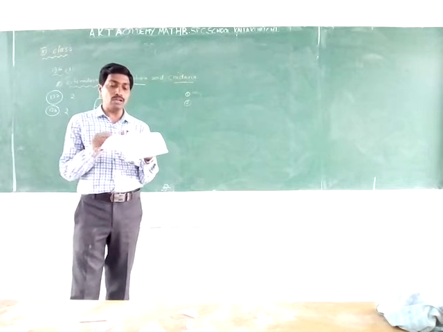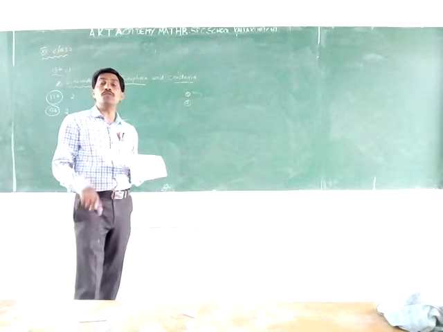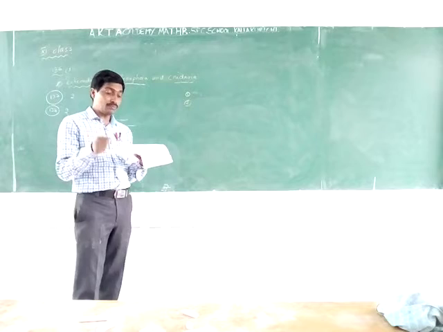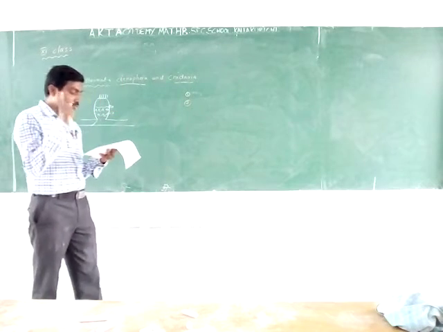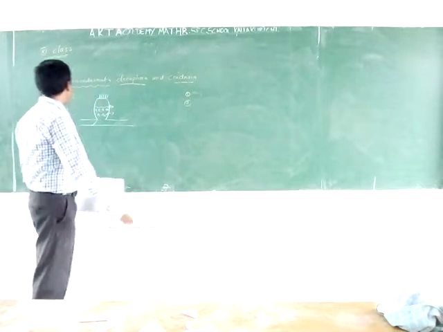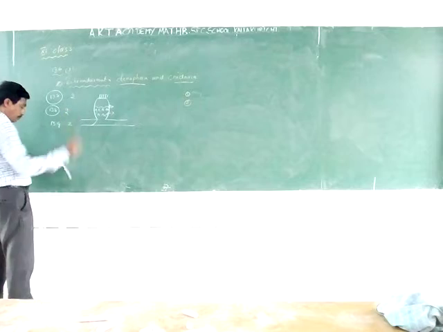The next one: ctenophores have bilateral symmetry. Already I told you, ctenophores are cnidarian-like animals that show radial symmetry. Only the second option is correct. The answer to 139 is 2.